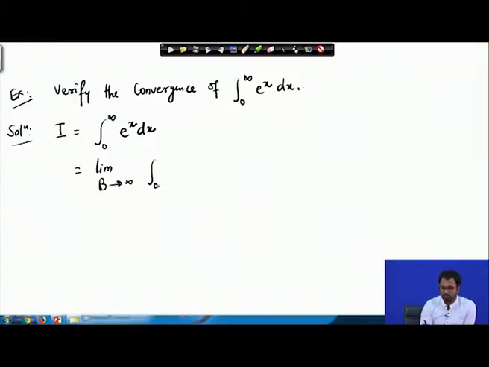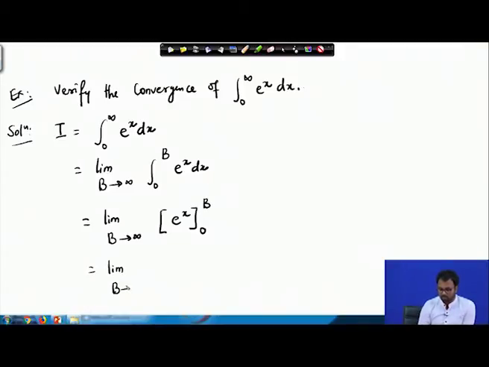definition. So, I can write it from 0 to b e to the power x dx, and then this can be written as limit b goes to infinity, the integral of e to the power x would remain e to the power x, from 0 to b. Now, we have limit b goes to infinity e to the power b minus e to the power 0, e to the power 0 is again 1, and here when b goes to infinity, e to the power b will also diverge. So, this whole thing will diverge.